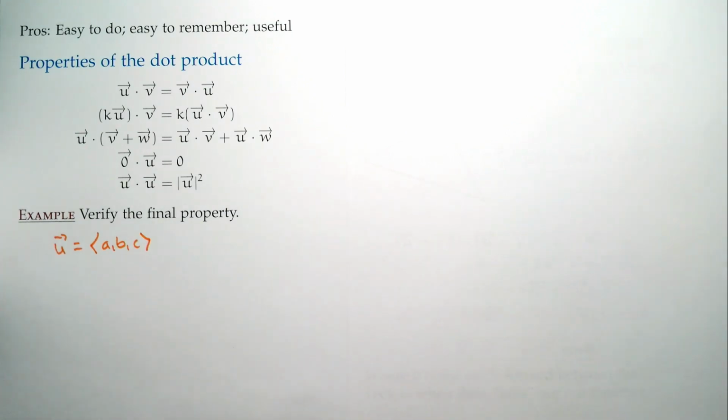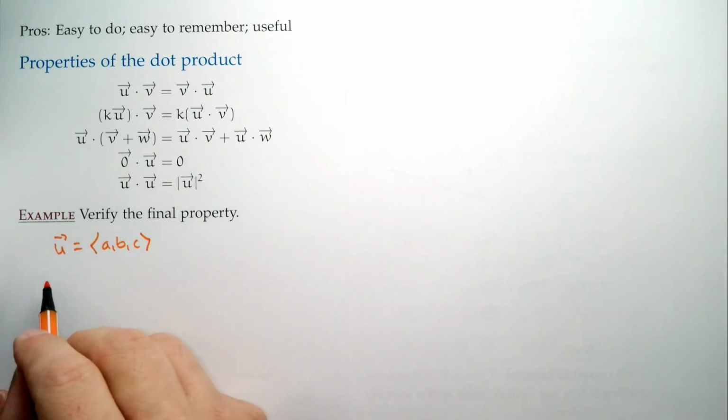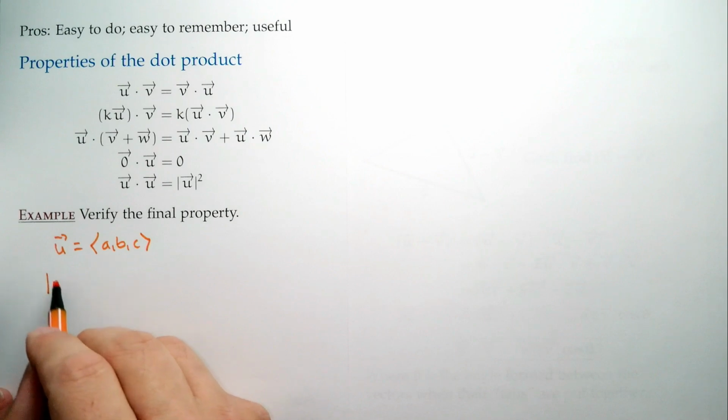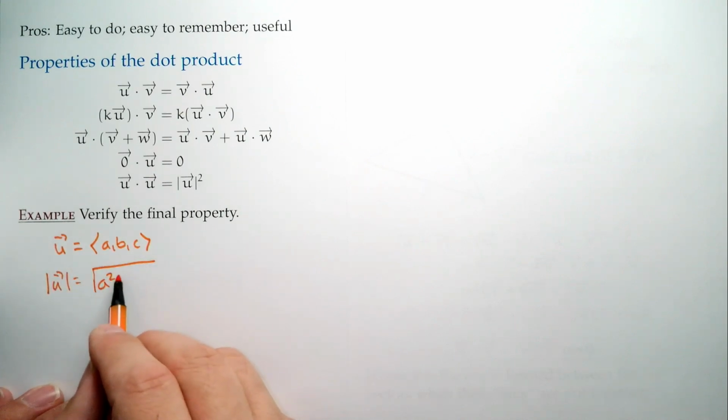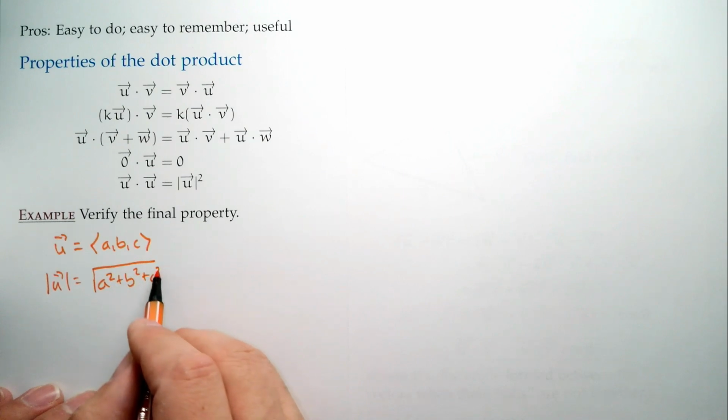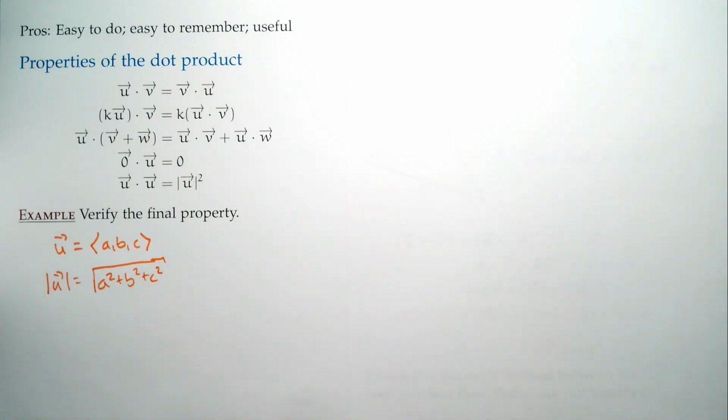Last time we talked about the magnitude of a vector. So the magnitude of u would be the square root of a squared plus b squared plus c squared. In other words, it's like a distance from the start of the vector to the stop of the vector. So that's how you find the magnitude. All right. So what's the verification?